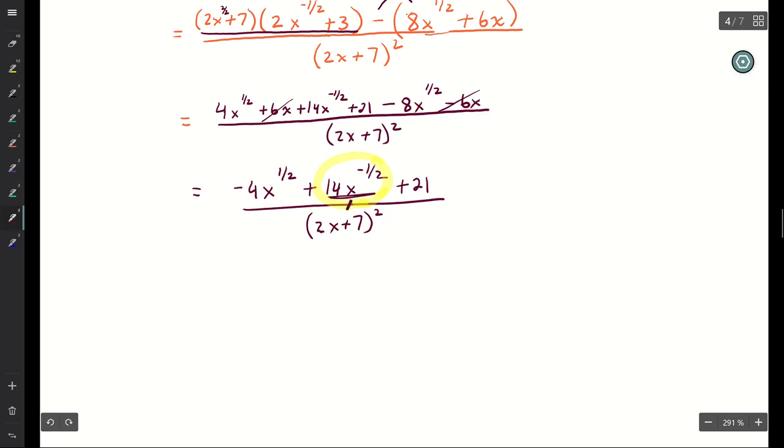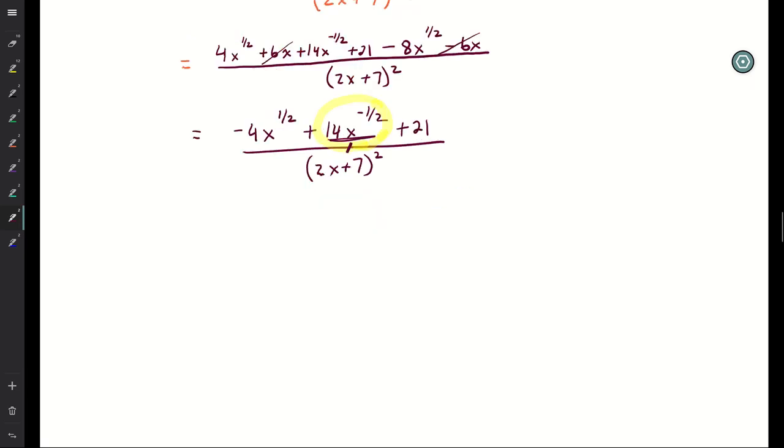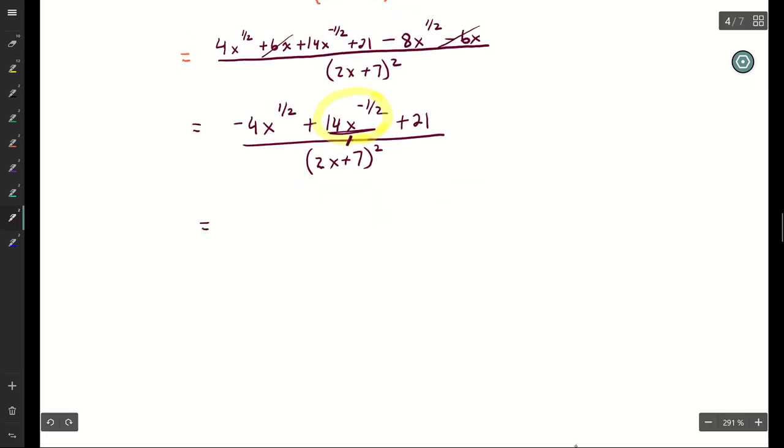You're going to put it over 1, and you're going to take that x to the negative 1/2 and drop it to the bottom of only that one single term. So it's going to look like this. So it'll be negative 4x to the 1/2 plus, the 14 is in the numerator, so 14 over x to the 1/2. And then plus 21, and then all that still over the bottom stuff squared.